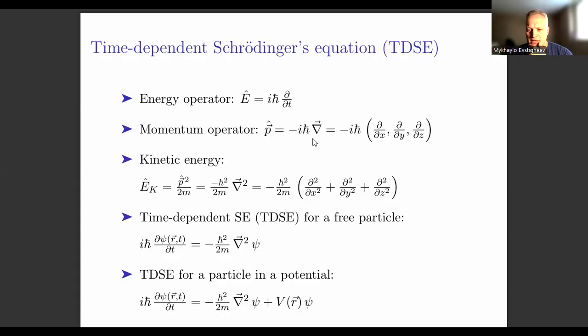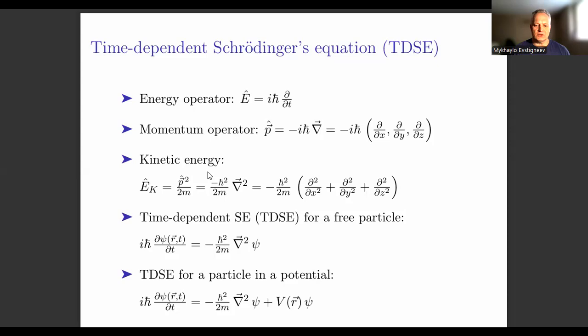Then the kinetic energy operator is obtained by recalling the classical mechanics expression for the kinetic energy, momentum squared divided by twice the mass. And the square of the momentum operator is just applying the momentum operator twice. More precisely, it is a dot product of the momentum operator with itself.